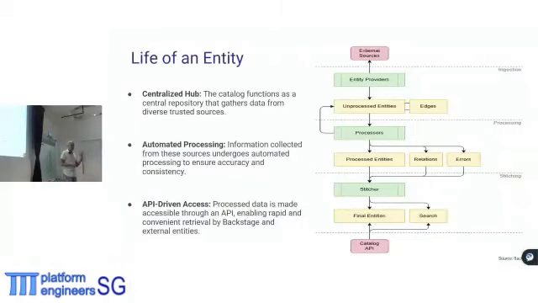So there's a series of steps of gathering data from the systems of record and ingesting that into Backstage so that it can be maintained and gain visibility within Backstage.